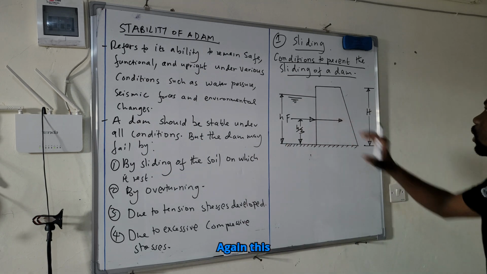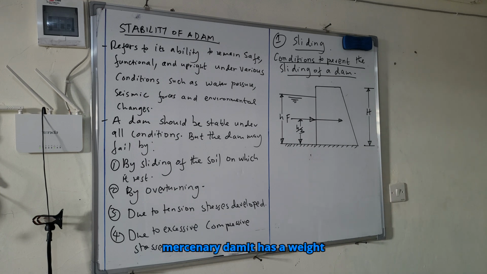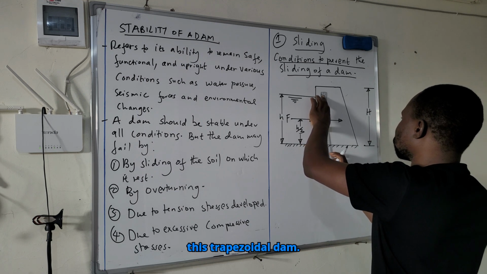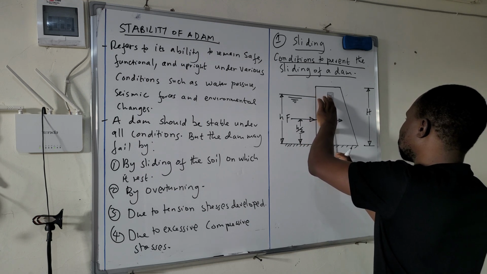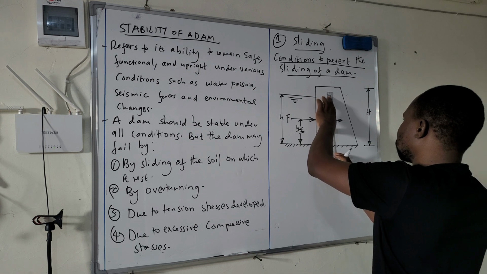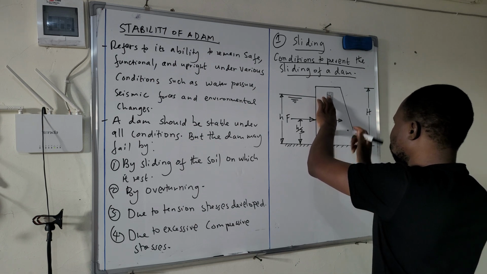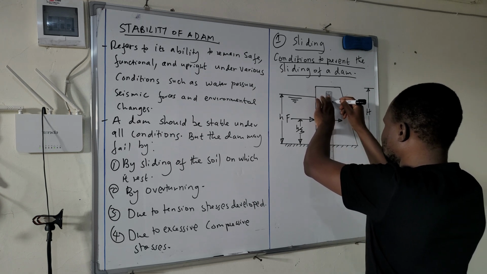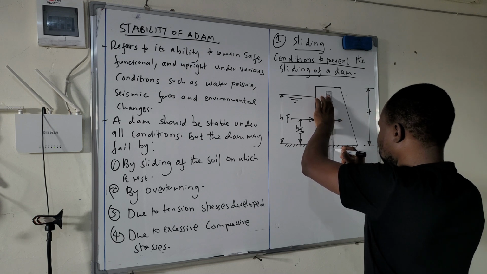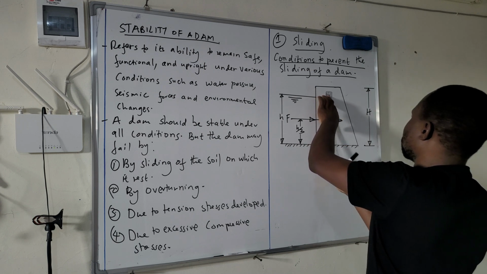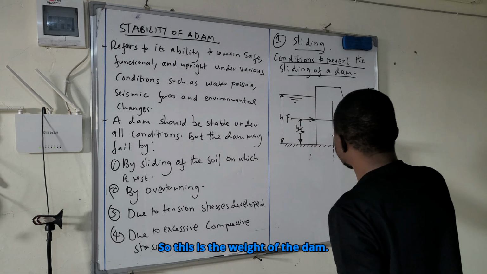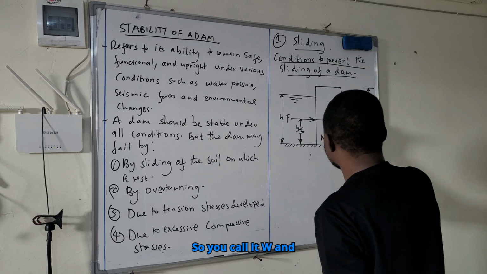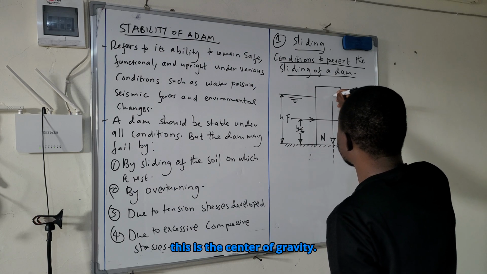Again, this masonry dam has a weight W at the center of this trapezoidal dam. This is the weight of the dam, you call it W, and this is the center of gravity.